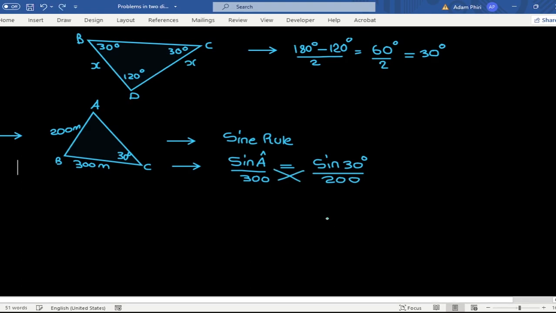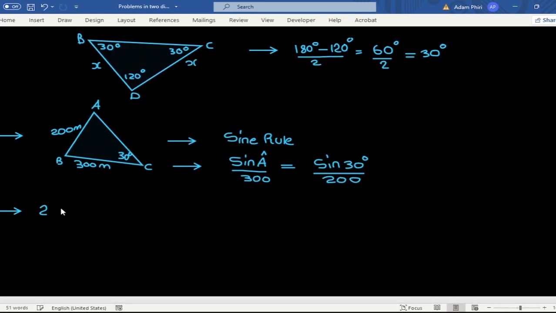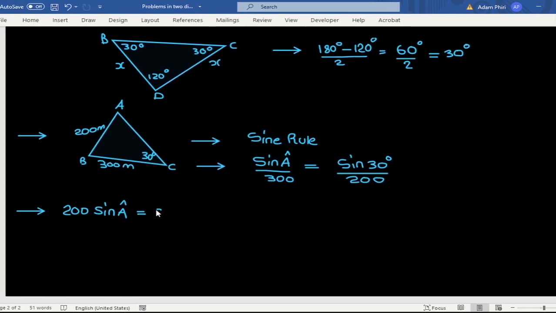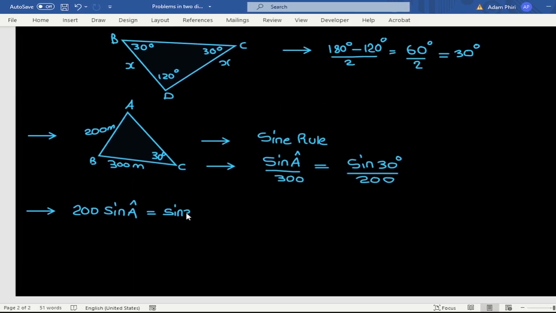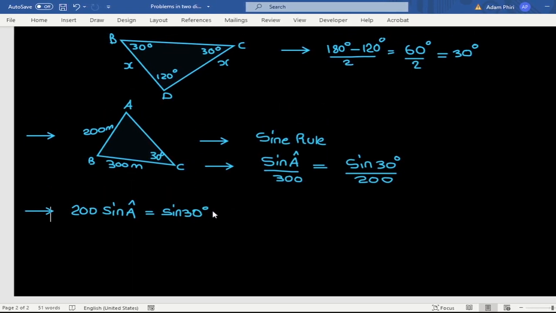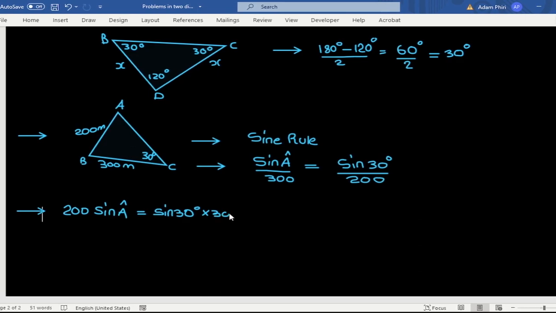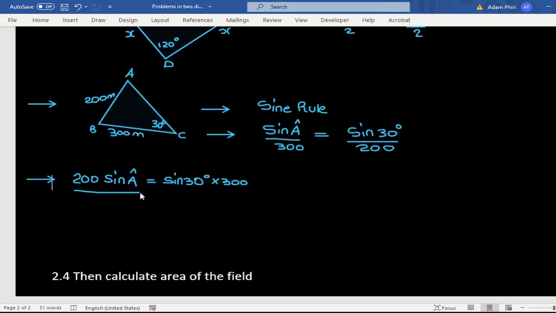Cross multiplying, we have 200 sine A equals 300 sine 30 degrees.